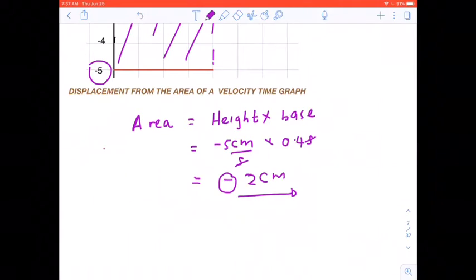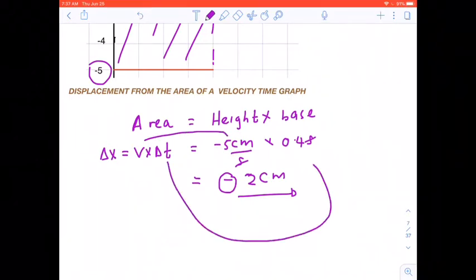Change in x is equal to v times change in t, which I have here indicated, the v and the change in t. Right, so you have your change in x.